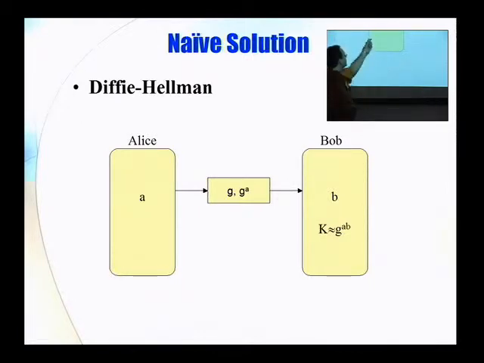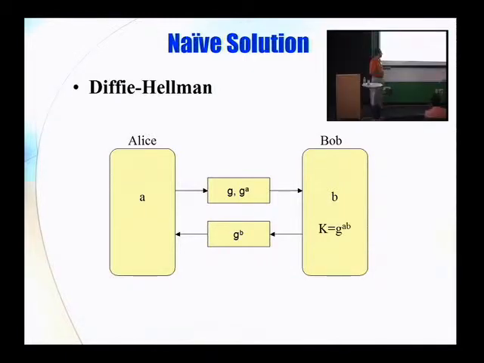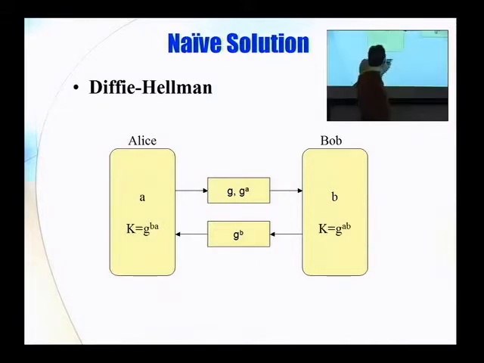So that Alice can also obtain the same key, Bob sends G to the power of B, and Alice can also calculate K. So if everything went right, K will be the same with both Alice and Bob.